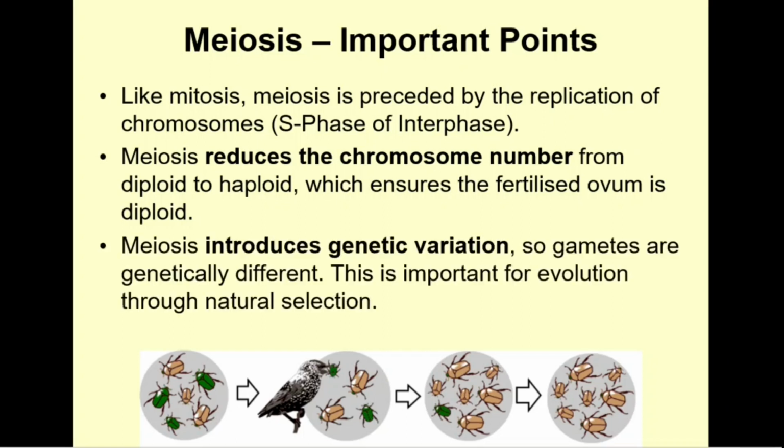The next really important point about meiosis is that it jumbles up the chromosomes within the cells during the process of meiosis. So it introduces genetic variation. Each of the sperm that are produced and each of the ova that are produced will have different genetic makeups. And this is incredibly important for something like evolution through natural selection.